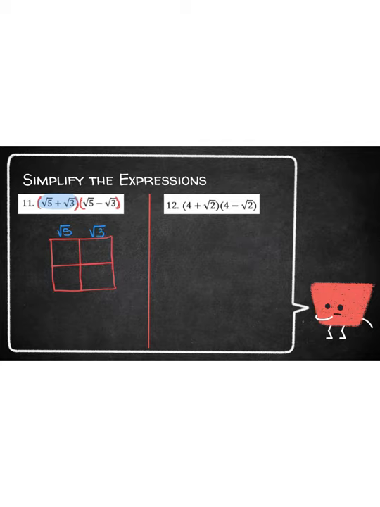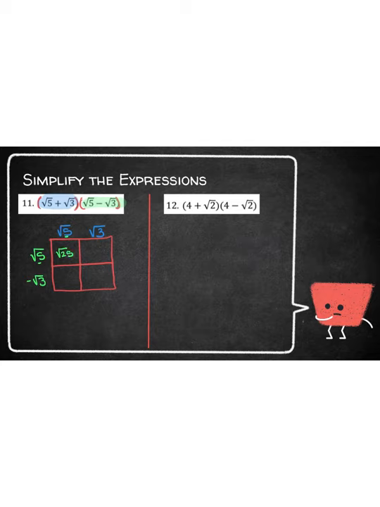Okay, and then I'm going to use this set right here and I'm going to put it on the side. So I have a square root of 5 here, and notice you have a minus in front of your square root 3, so that's a negative square root 3. Okay, and then we're just going to multiply like we did before. I'm going to take this 5 times this 5, and I get the square root of 25.